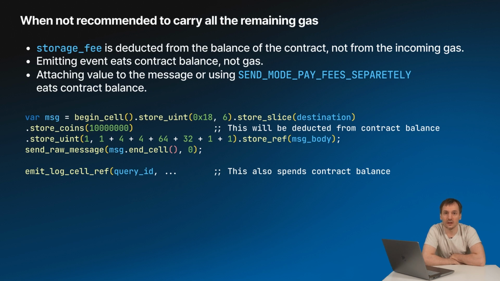And the third case, if your contract attaches value when sending messages or uses send mode pay fee separately. These actions deduct from the balance of the contract, which means that returning unused is working at a loss.